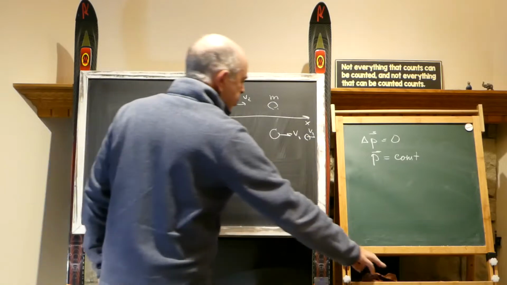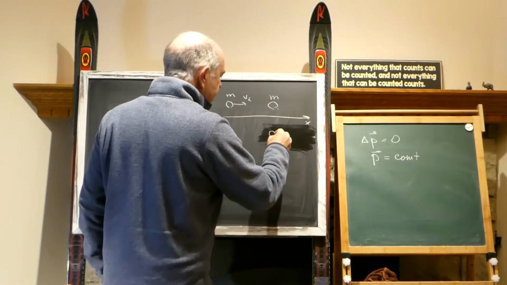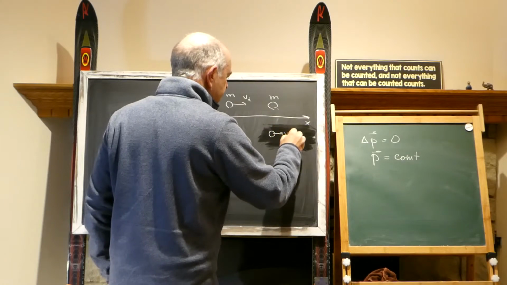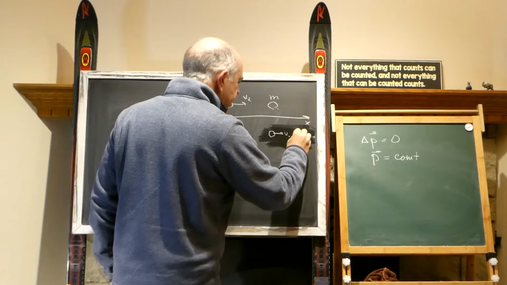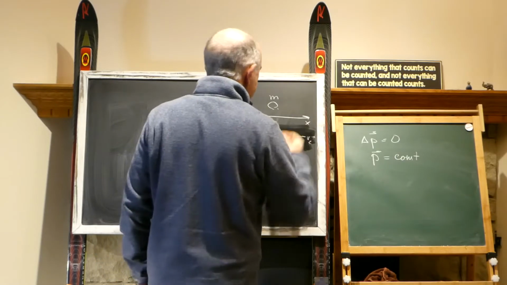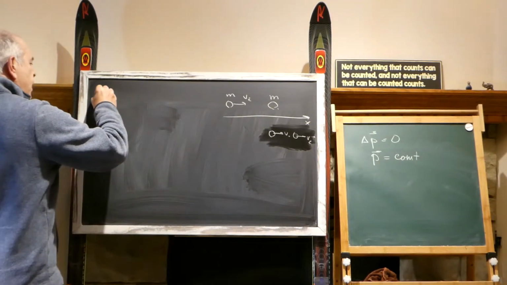I just drew it very badly. So they collide, this is v1, and another is somewhere underneath it, but okay, they travel with those speeds.